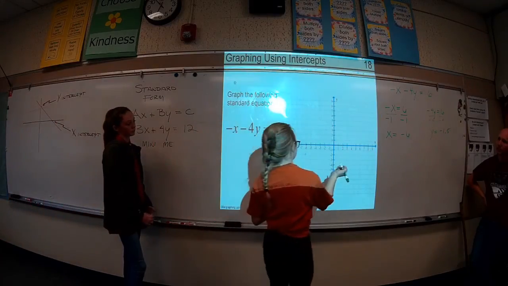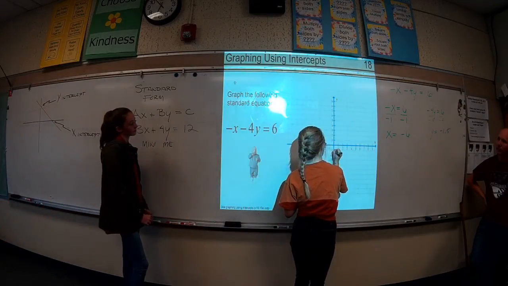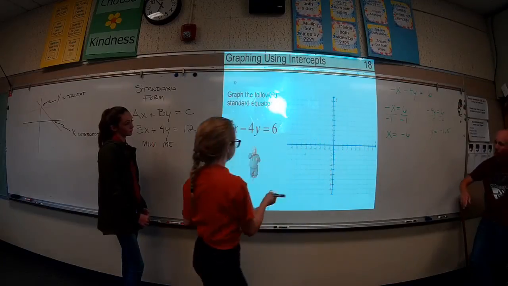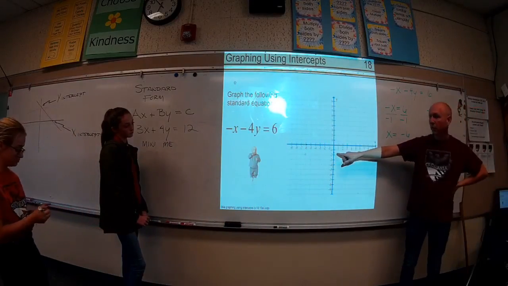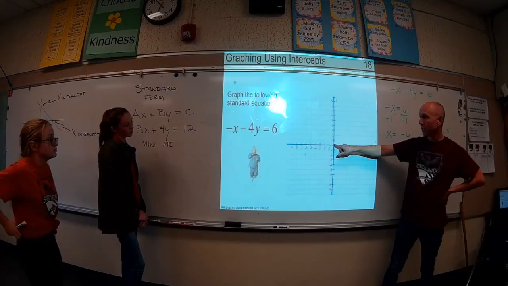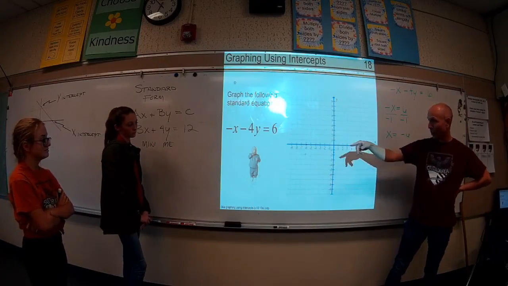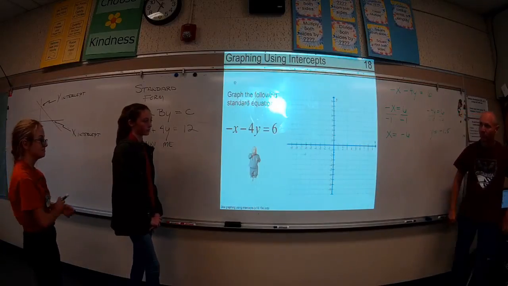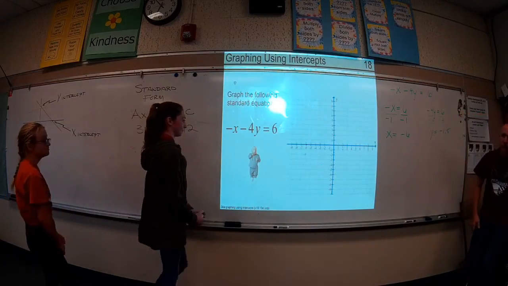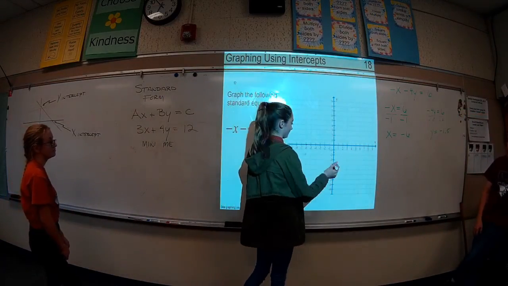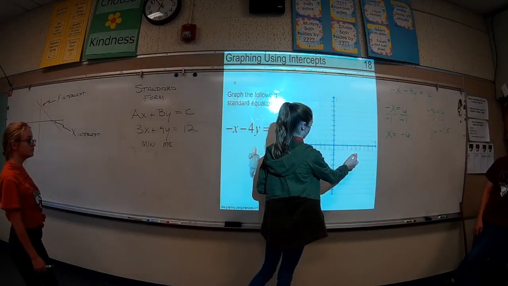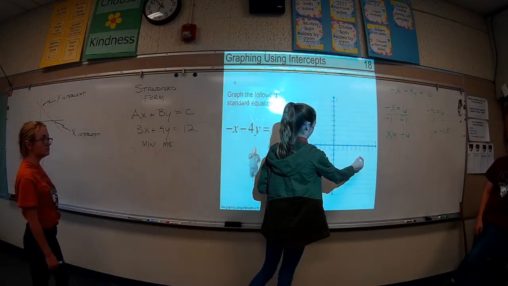That's so confusing. Okay, look at what they did. Negative 1.5. So over 6, down 1.5. Okay, ready? Over 6, down 1.5. See if you can give me another point. Over 6, down 1.5.